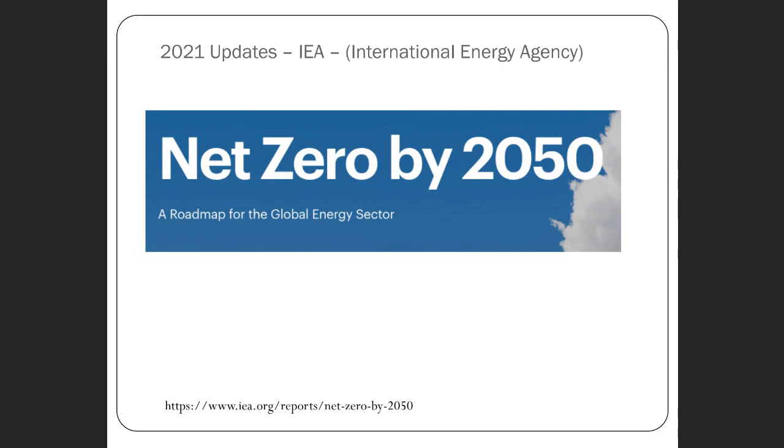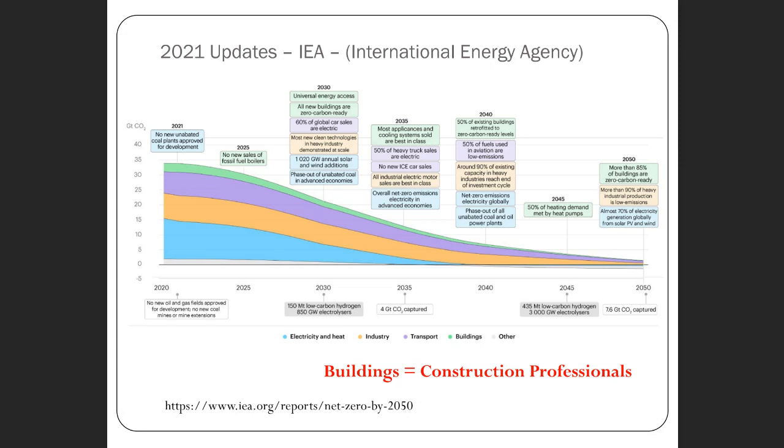So that's the roadmap. That's our goal as construction professionals. Right, so on this slide, I highlighted the things that are green. Green is buildings. That's what we do. We're construction professionals. So those are the things that are in our swim lane. Those are the things that we're going to focus on going forward in our careers.